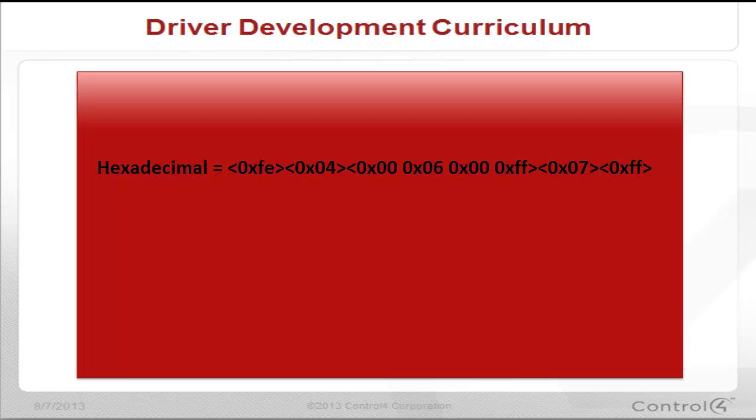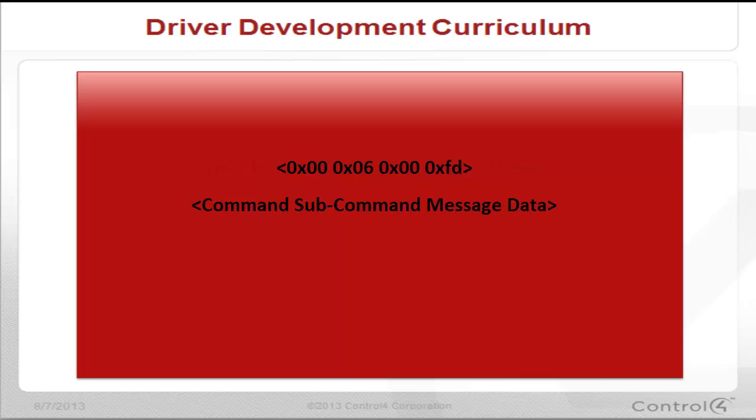This piece of data contains the actual device message, and it has its own formatting rules. The format for the data envelope looks like this. The first piece of data represents an actual command, and its values range from 0 to FC. It is 1 byte in length.